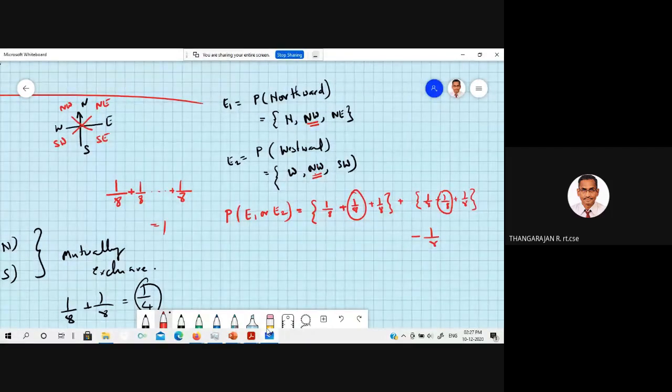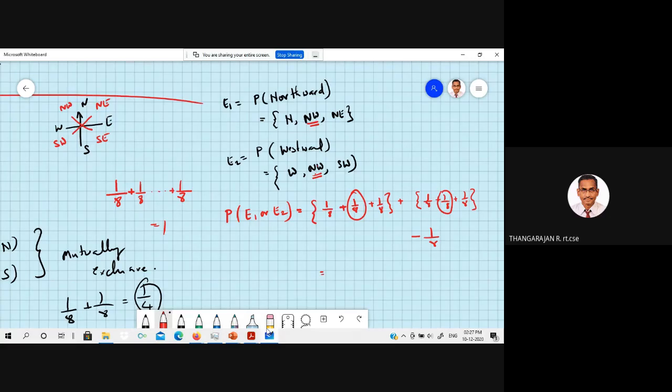Therefore I can just say, what is the probability that two events E1 and E2 can occur when they are not mutually exclusive?